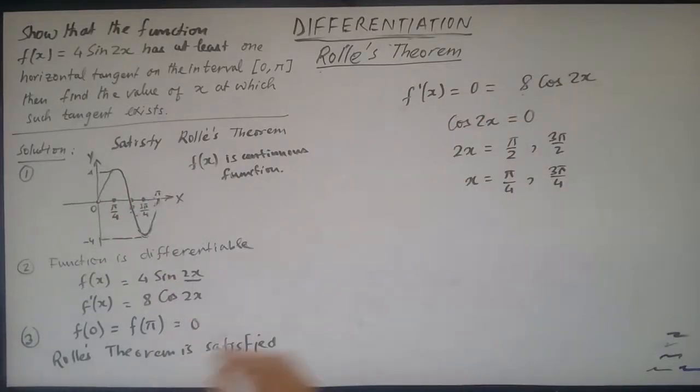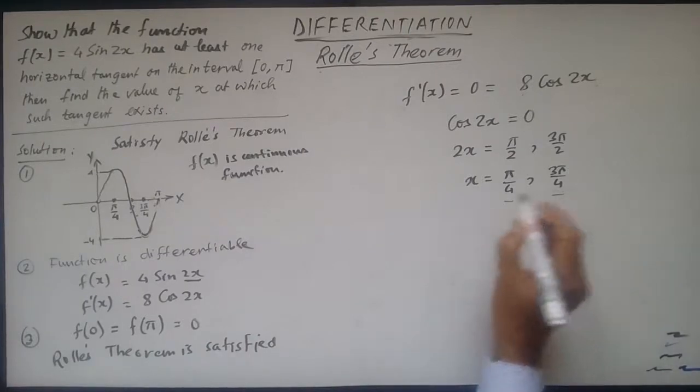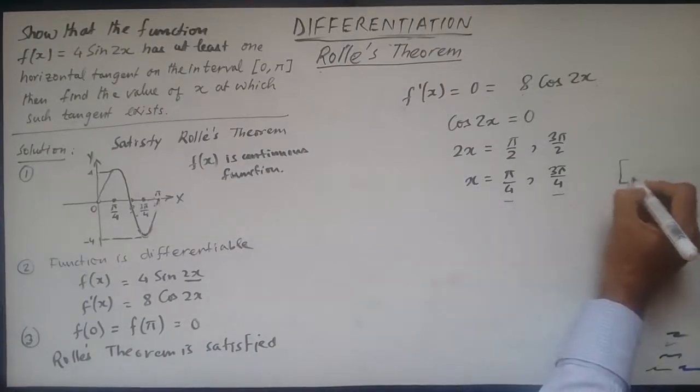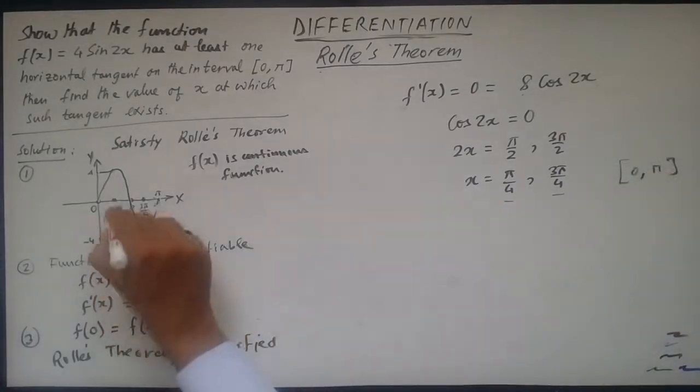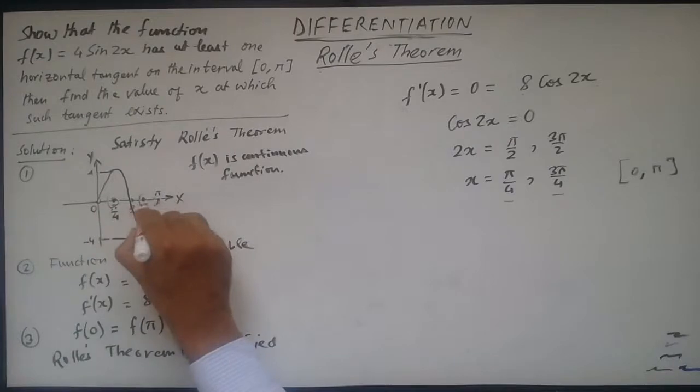So let's see if pi by 4 and 3 pi by 4 exist in the domain that is given, that is 0 to pi. From this graph, we obviously see that pi by 4 and 3 pi by 4 lie between 0 and pi.